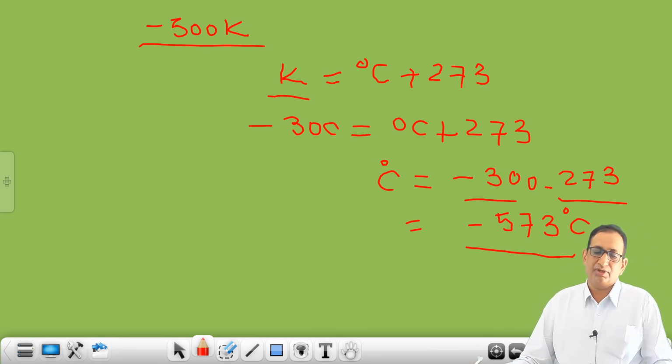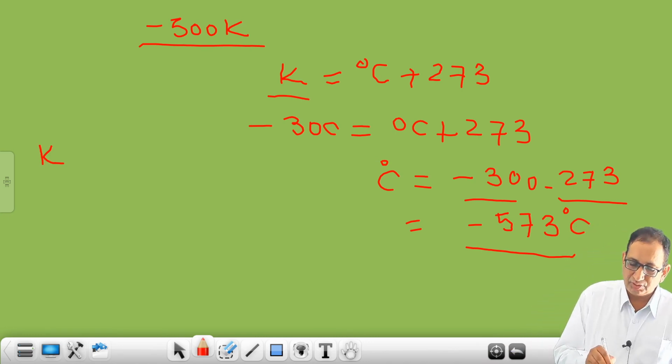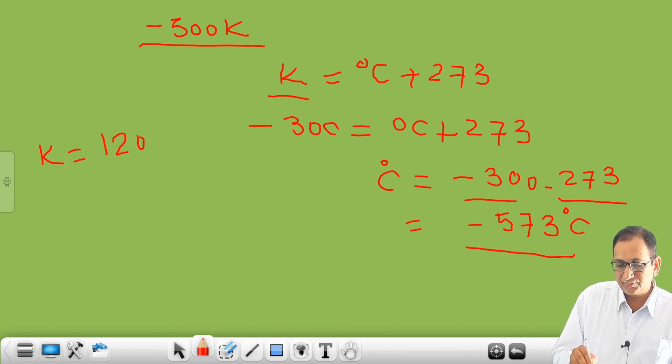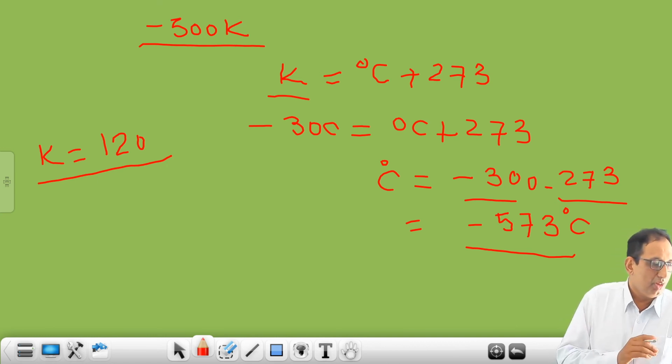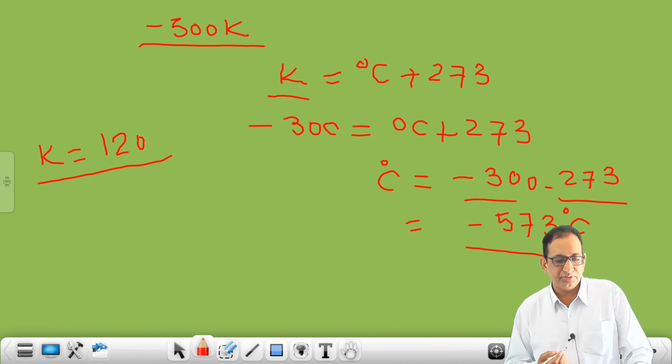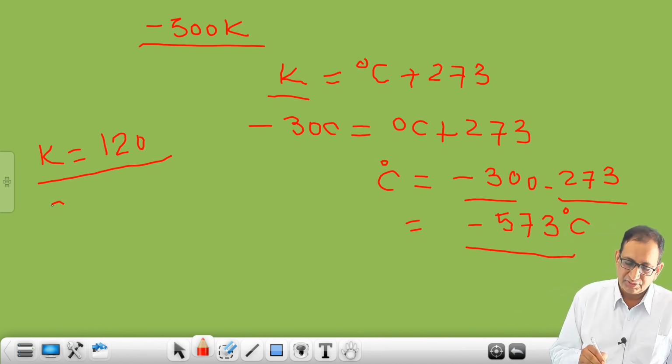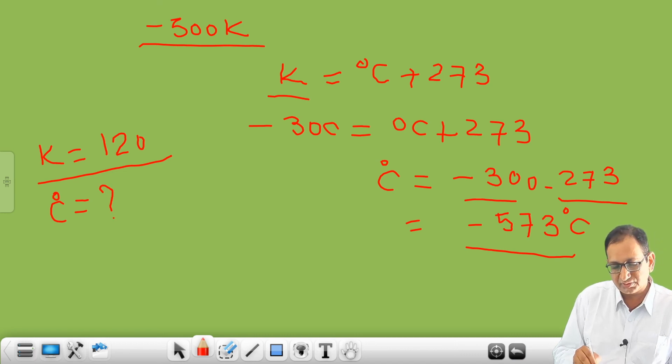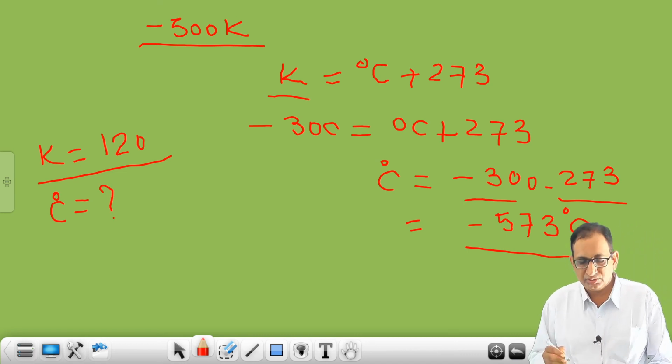One more question you can take, students. Suppose your Kelvin temperature is 120. Okay students, Kelvin is 120 and you want that in degree Celsius. Then same formula.